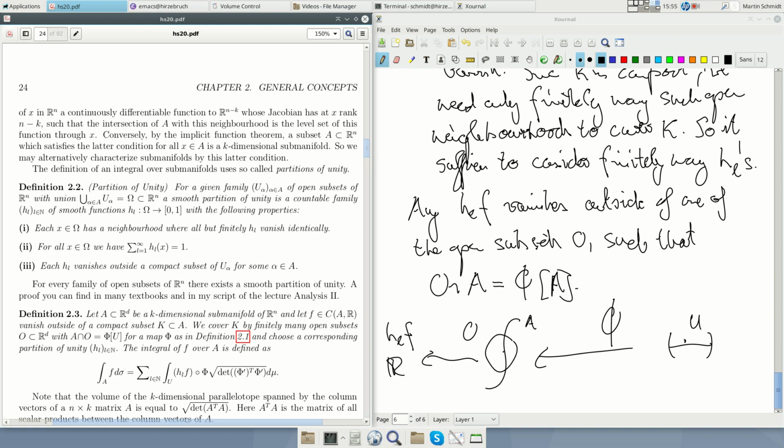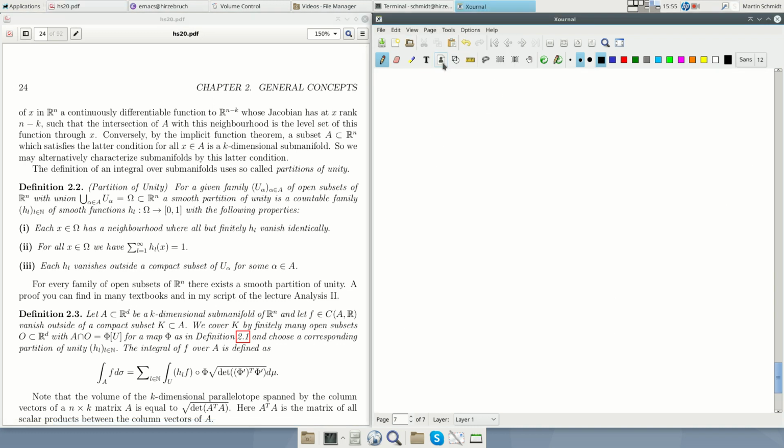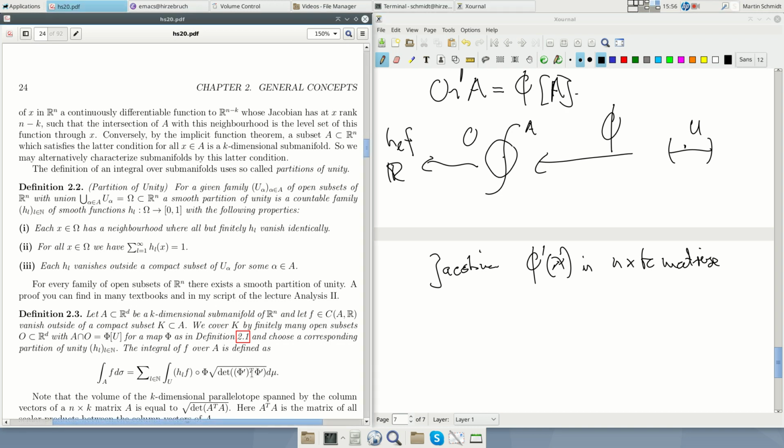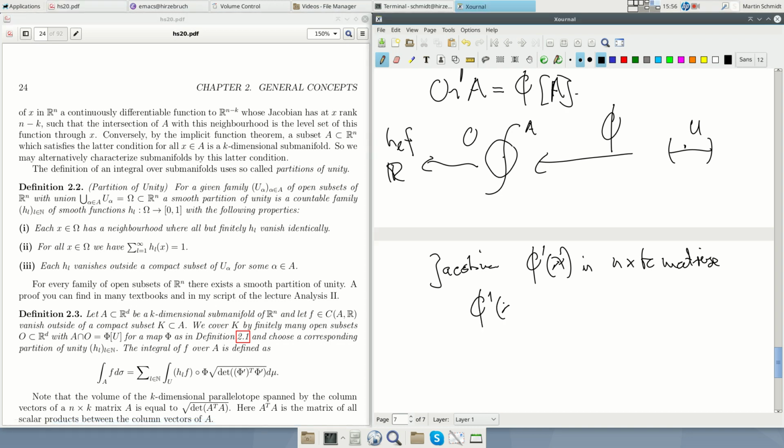Let's look a little bit at this expression. The Jacobian phi prime of x is, of course, an n times k matrix. If we take the transposed, phi prime of x transposed is a k cross n matrix.